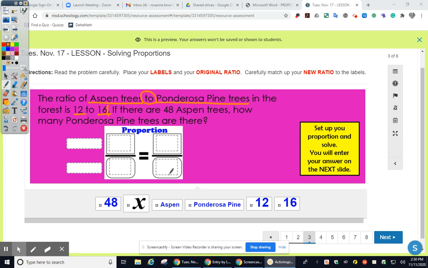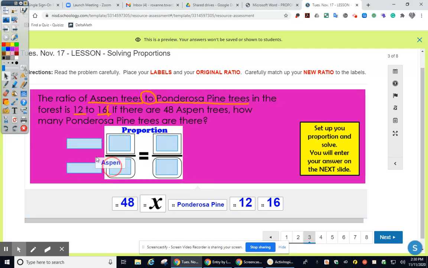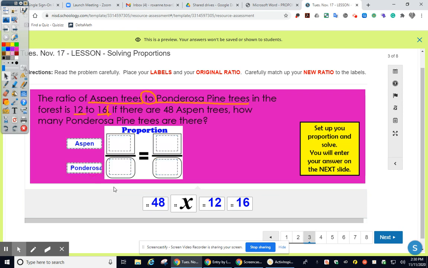I see here that aspen is said first, so we're going to put aspen first in our labels and ponderosa pine second. Since aspen is said first and 12 is said first, the number 12 goes with aspen. Ponderosa pine is said second, 16 is said second, so 16 goes with ponderosa.